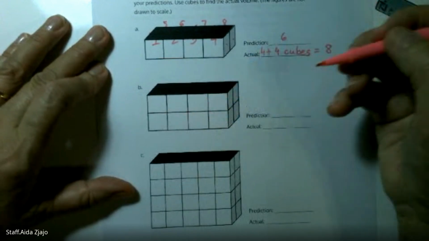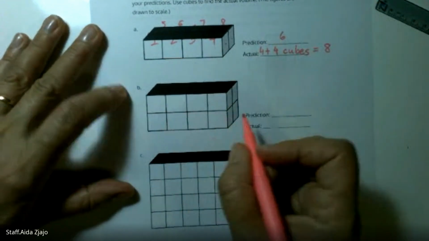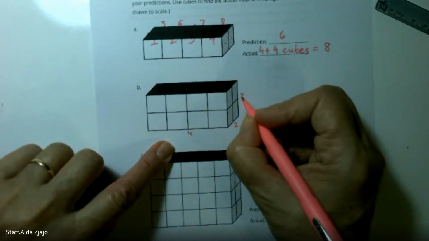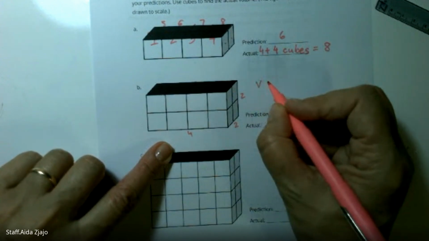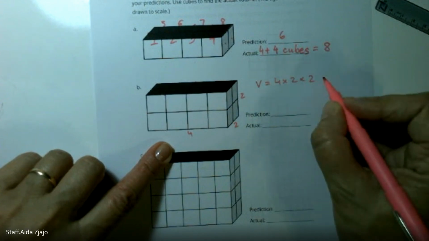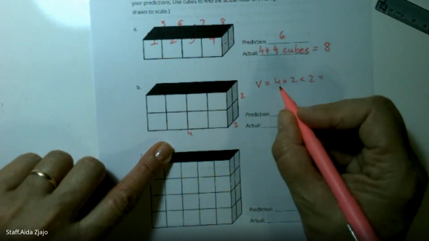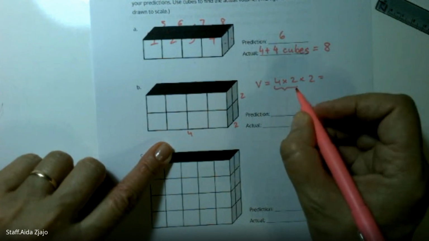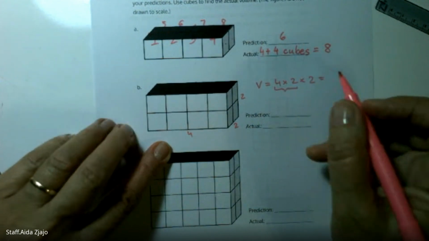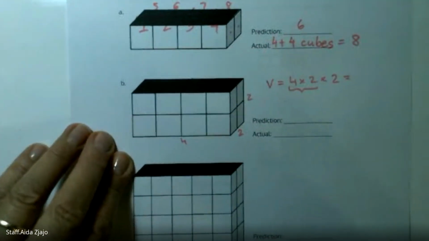All right, so let's see. Here is 4 by 2 by 2. So volume equals 4 times 2 times 2, or the base is 4 times 2. Okay, I'll make it bigger.